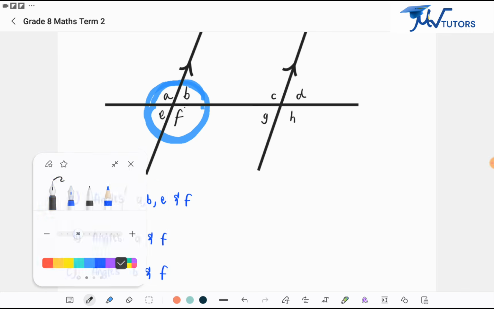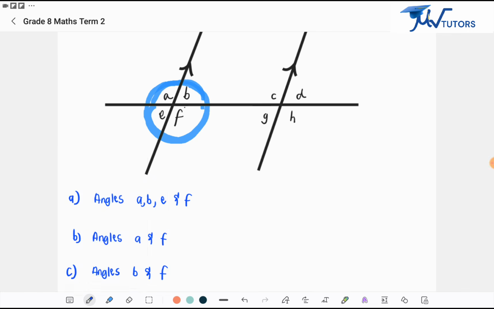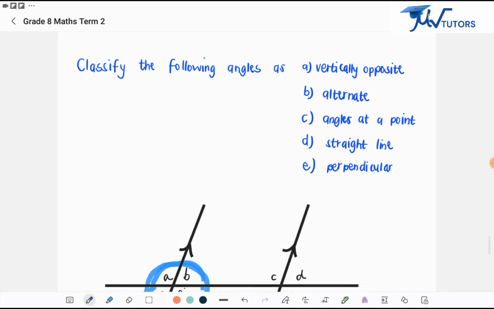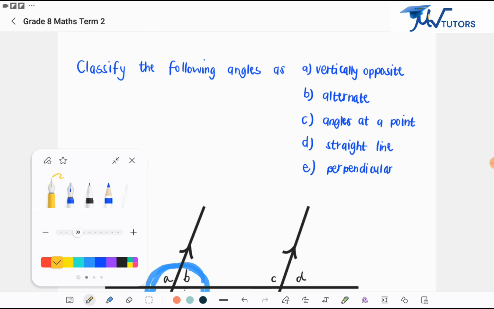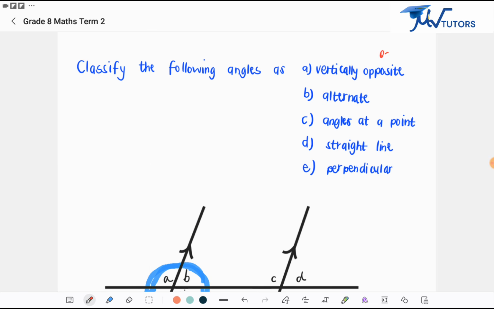Okay, so what am I going to say about that? So if you look at our options here, we have vertically opposite angles, and we know that vertically opposite angles are equal. Alternate angles, those are the ones that form a Z. Those are also equal. Angles at a point, those are equal to 360 degrees. Angles on a straight line, those are equal to 180 degrees.